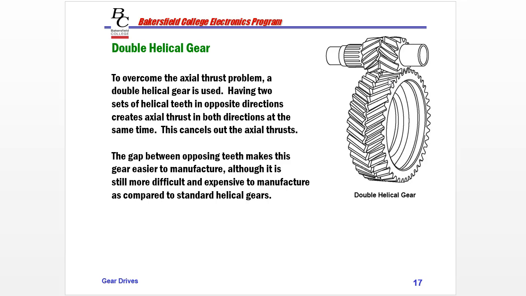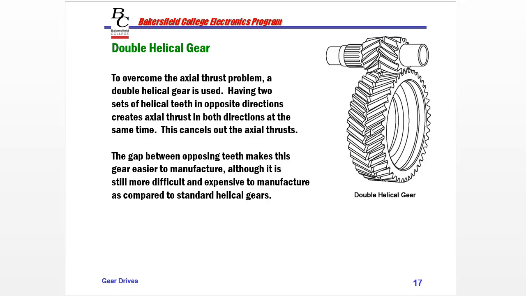To deal with that axial thrust of pushing the gear away, we actually have something called a double helical. So this is actually two different gears, all the same ratio, and you can see their slants are cut in opposite directions. This slants from left to right going up, left to right slanting down.